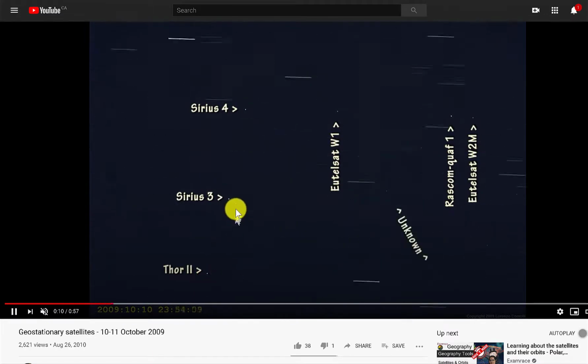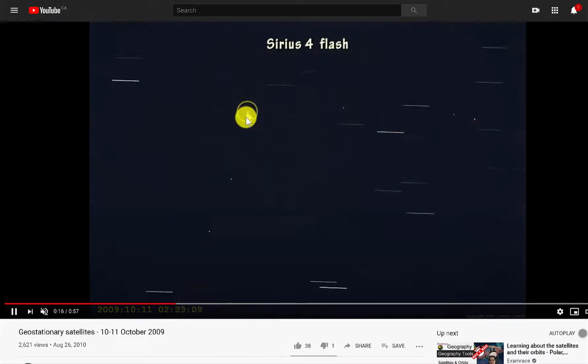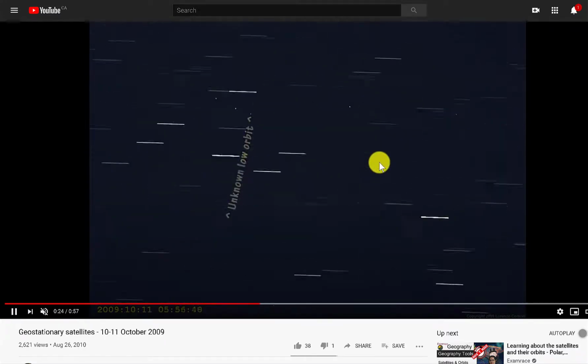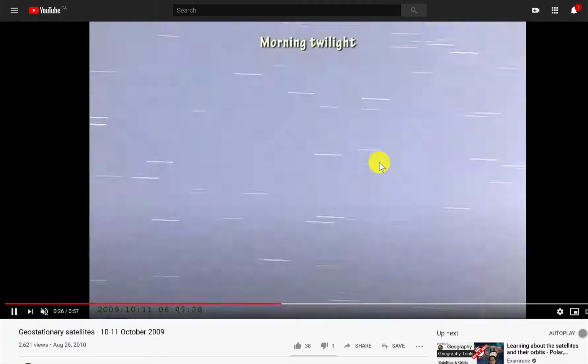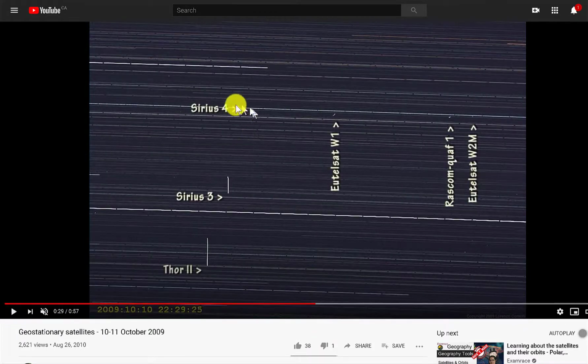You can see that these dots are not moving. Well, they are, these are moving towards each other, but this one's staying put, this one's staying put, and all the rest of the stars, including the moon and everything, zip by. Other satellites will zip by, but these satellites stay right above the camera.